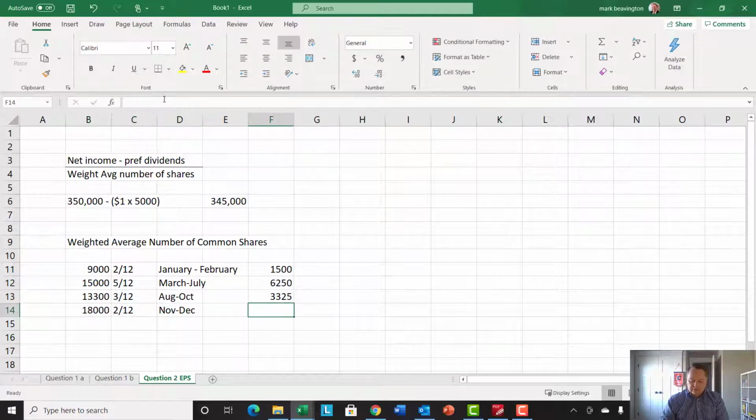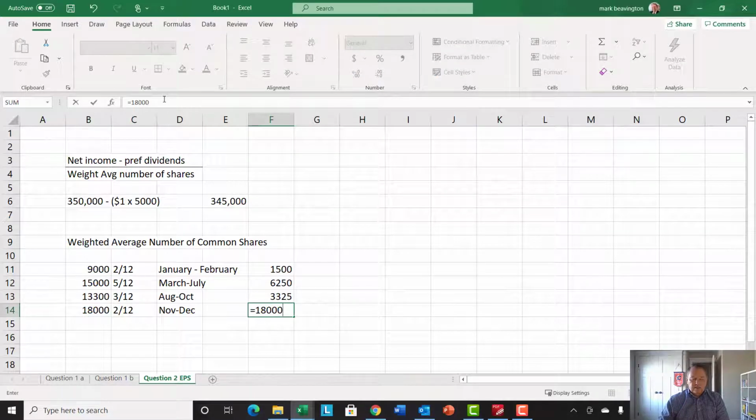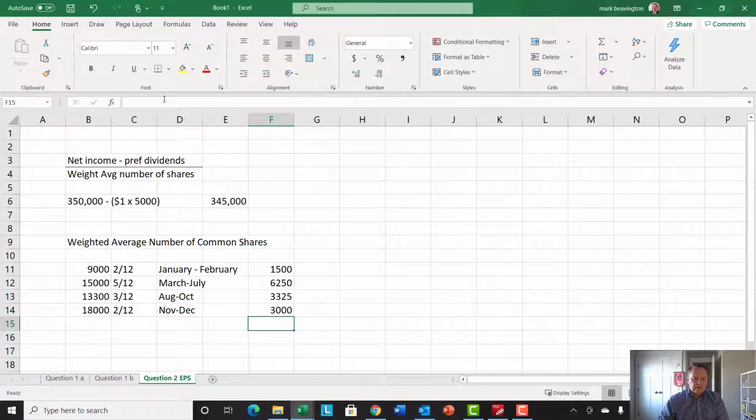So equals 18,000 times 2 divided by 12, and that'll give you 3,000. Add those up, and I think you'll find that it's 14,075. And if you look at it, 14,000 shares, that's somewhere in the middle of all of this stuff. That makes some sense just from a reasonableness perspective.